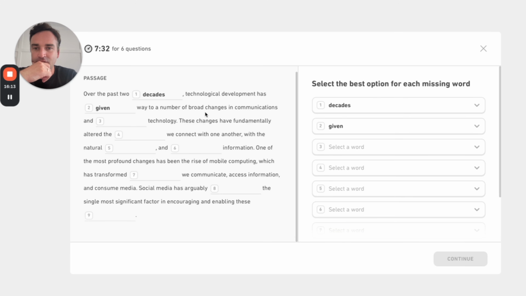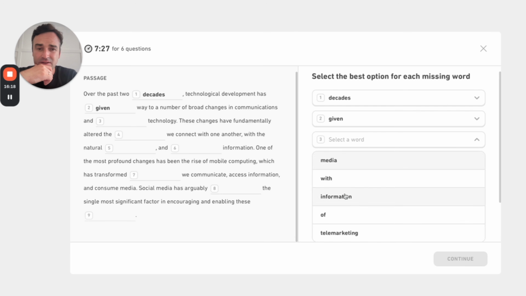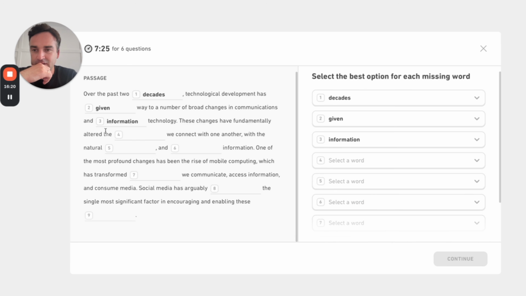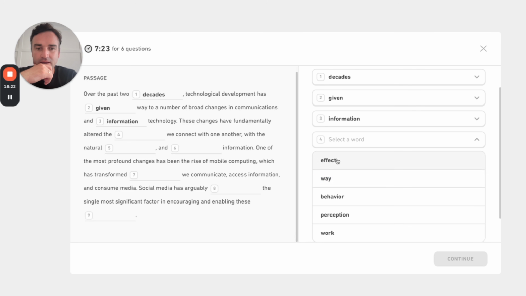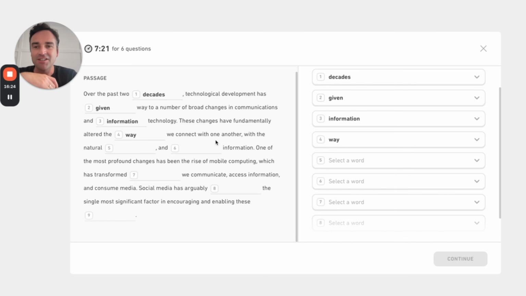Okay, over the past 2 decades, technological development has given way to a number of broad changes in communications and information technology. Yes, these changes have fundamentally altered the way. See, actually, sometimes you can guess the word even before checking, just by the context.